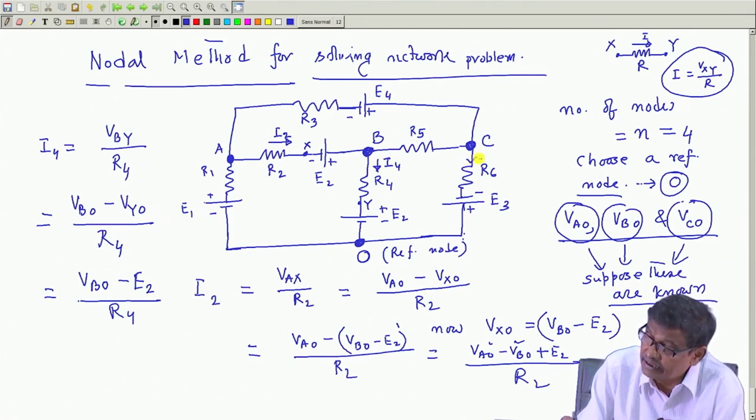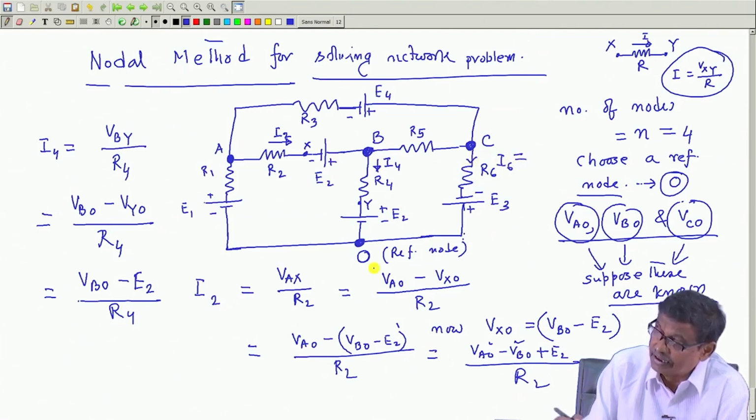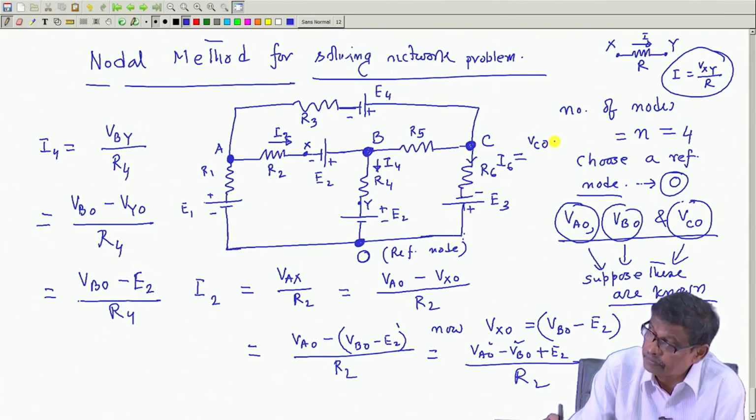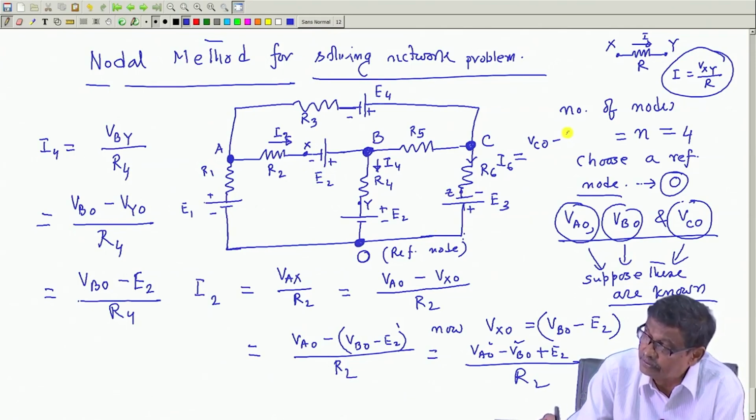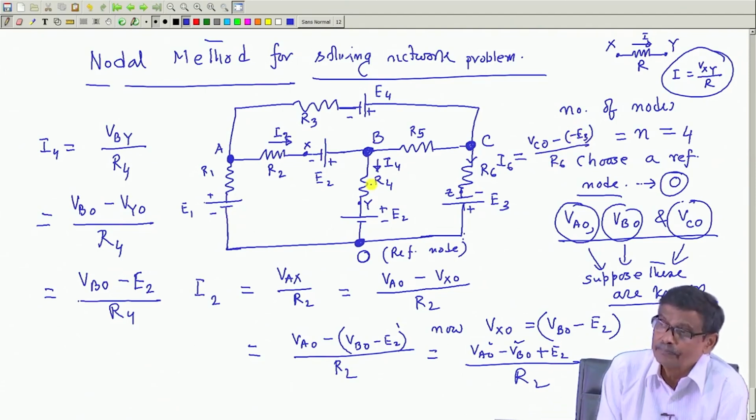Similarly, I6 can be calculated, and one can go on adding. You try on your own: it will be Vc0 minus the potential of this point, call it Z, Vz0, which is minus E3, plus to minus. So it is Vc0 minus E3, divided by R6, and so on.